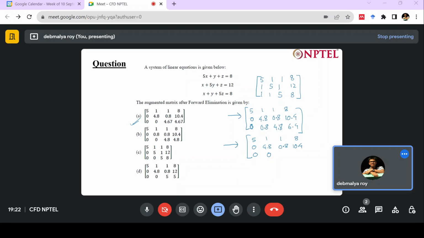So 0.8 multiplied by 1 by 6 would yield 0.133. So if I subtract, this would give me 4.67.